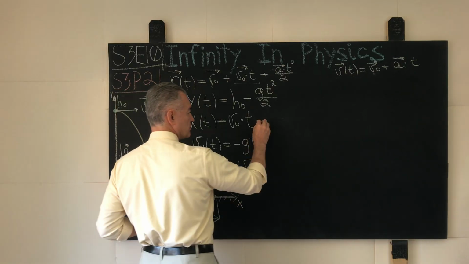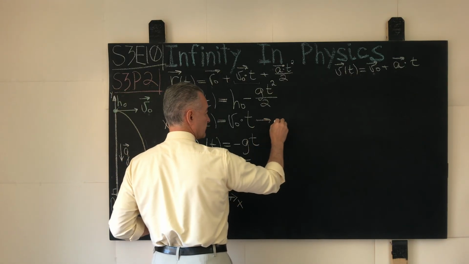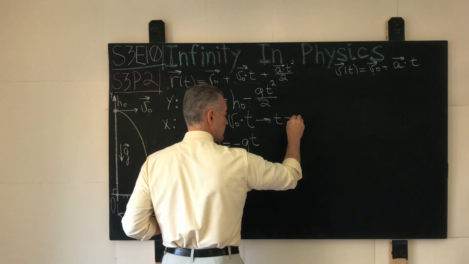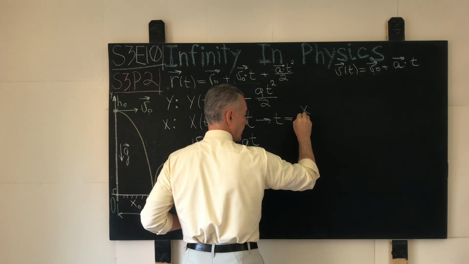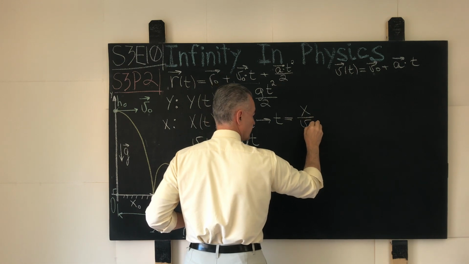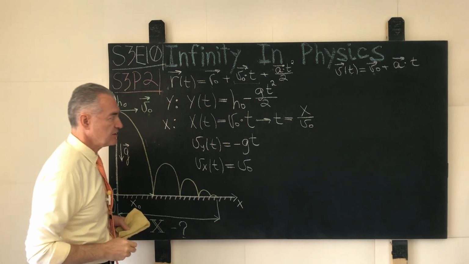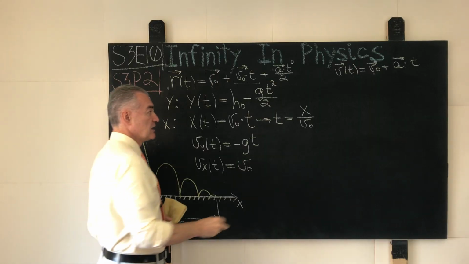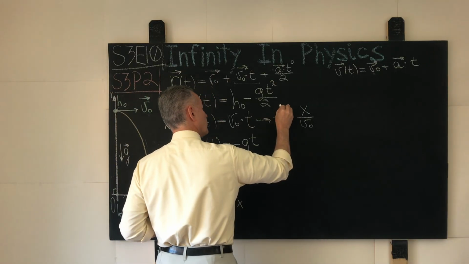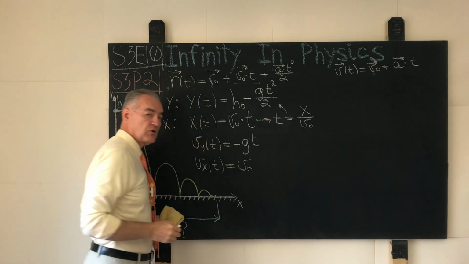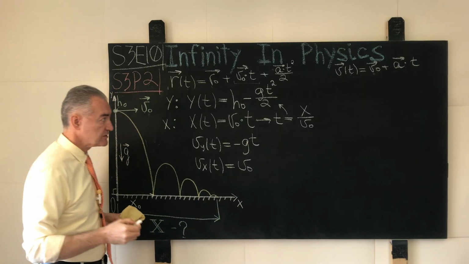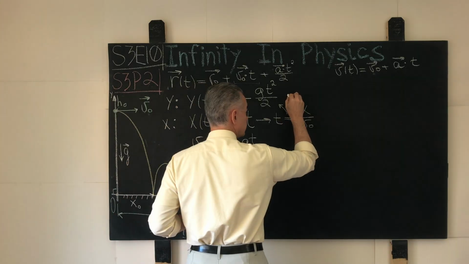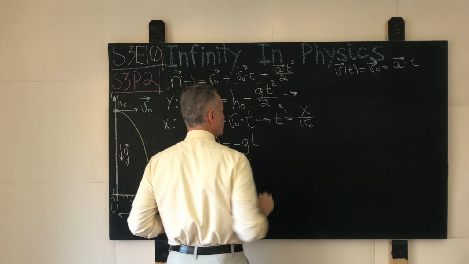From this equation, it follows that the time expressed in terms of the locally available material is x divided by v0. That much is understood. Now we take this result and we put it into the equation for y. Why is that? Well, we want to find the shape of the function y of x. And under that maneuver, what will we have?